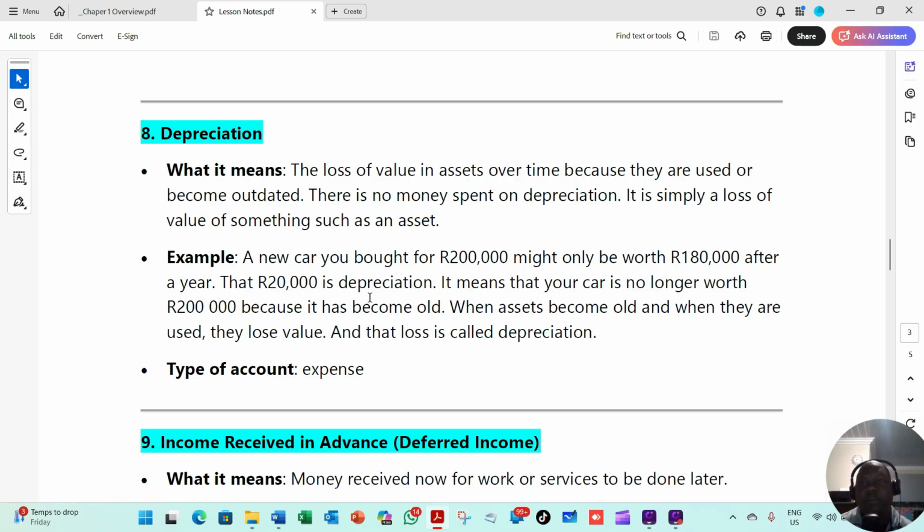So when an item becomes old, it loses value, and that value that it loses, we call depreciation. So this is an expense account and is found on the income statement. We should find this item on your income statement, not on your balance sheet.